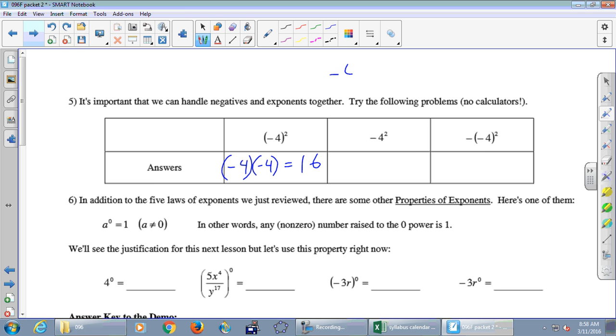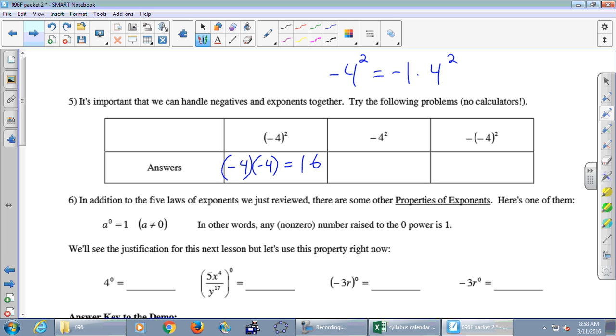Think about this. -4 squared is really the same as -1 times 4 squared. A negative is really just saying -1 times, right? Any negative you can imagine. It's really just -1 times something. So when we look at it that way, and we apply, Joel, you had said PEMDAS before. PEMDAS is that acronym for the order of operations. First parentheses, I don't see any.